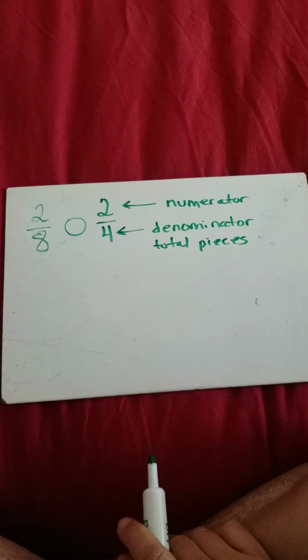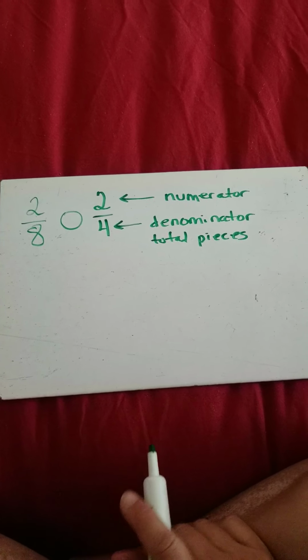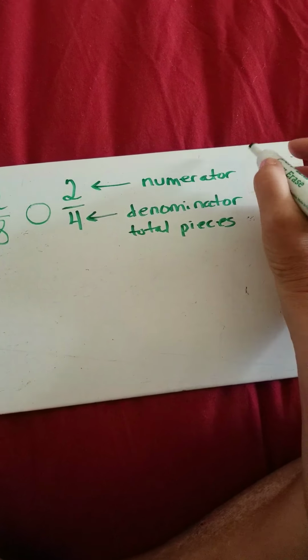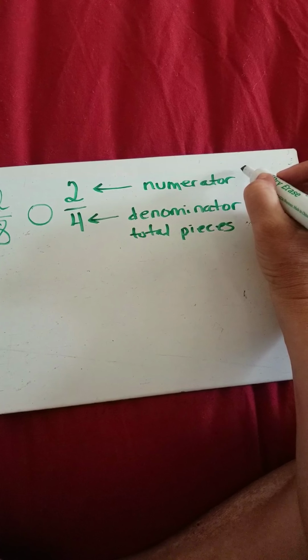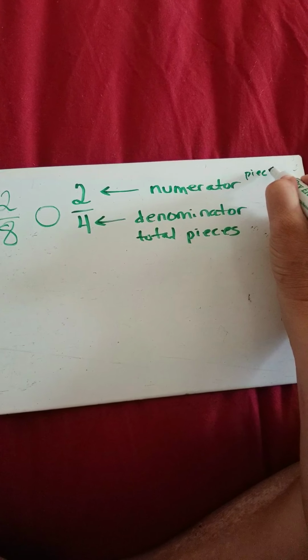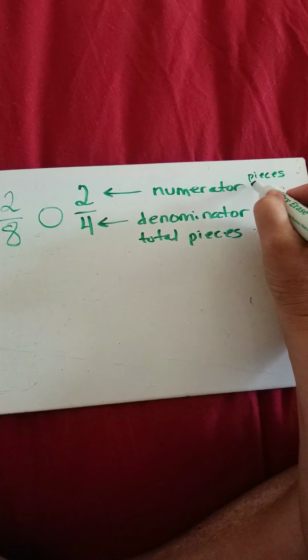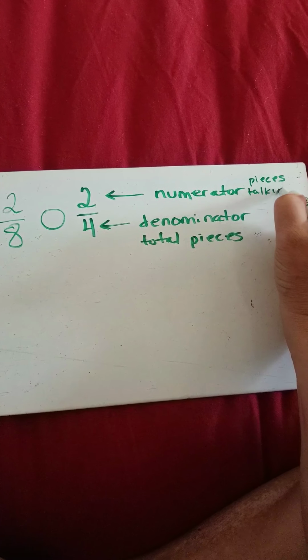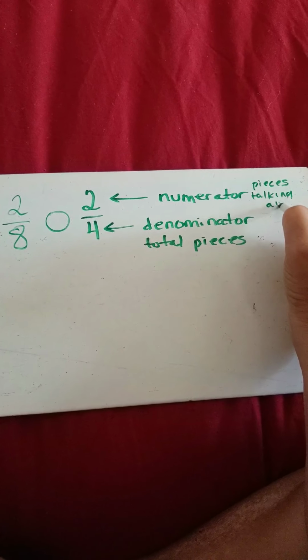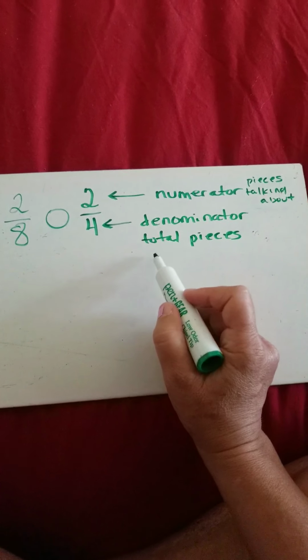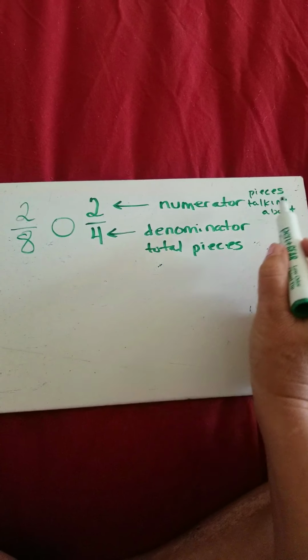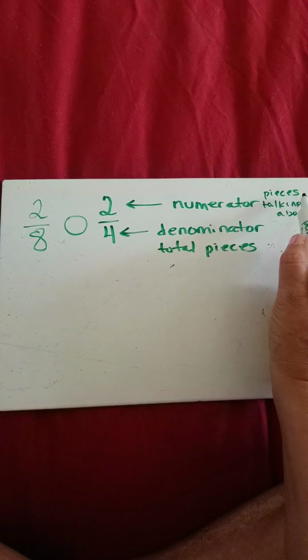Okay? Numerator, denominator. The numerator tells us how many pieces we're talking about. It's not the total pieces like the denominator. It's how many pieces we're talking about.